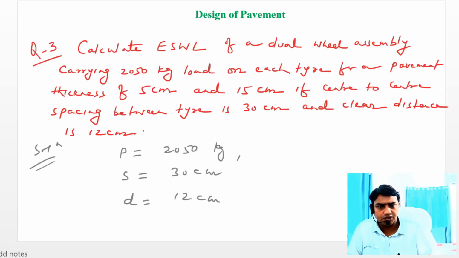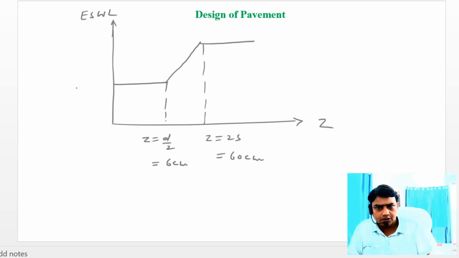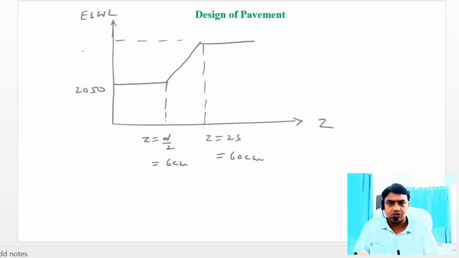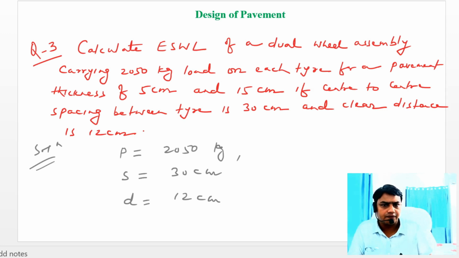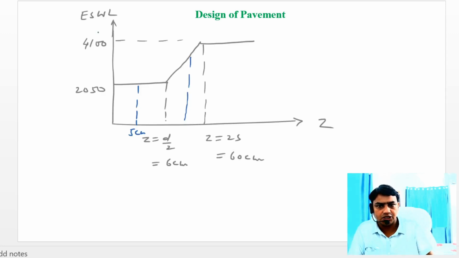Here the equivalent single wheel load is 2050 kg, and here it will be 2050 into 2, so it will be 4100 kg. So we have to find the equivalent single wheel load when Z is equal to 5 cm, and when Z is equal to 15 centimeter.